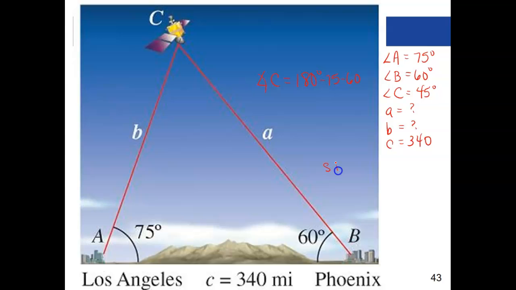So I'm going to do the sine of angle B, which is 60, divided by side B, and since I have both pieces for the C's, I'm going to do the sine of 45 divided by the side C, which is 340. I'll cross multiply and divide by the sine of 45.